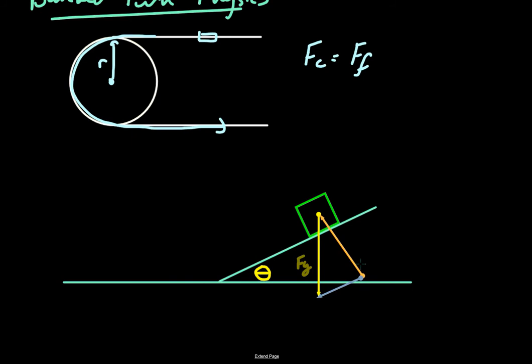Now this is not the situation that we have. Just before we move on, if mu equals 0, in other words, if there's no friction, this object has to accelerate down the slope. The force mediating that is the resultant of gravity and the normal force interacting, causing an acceleration down the plane.